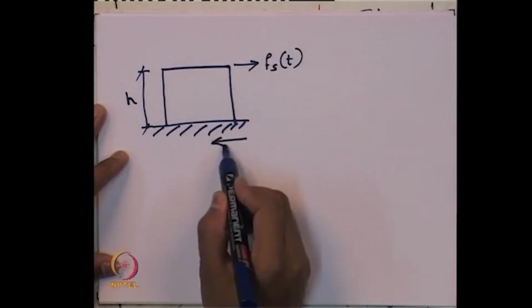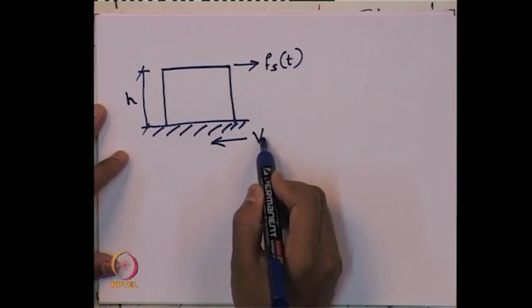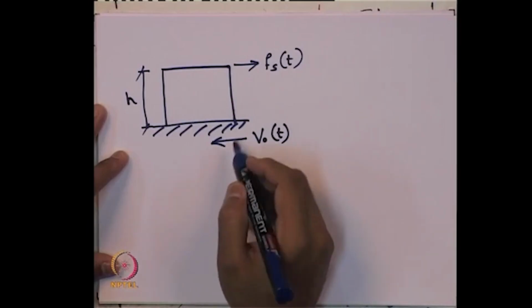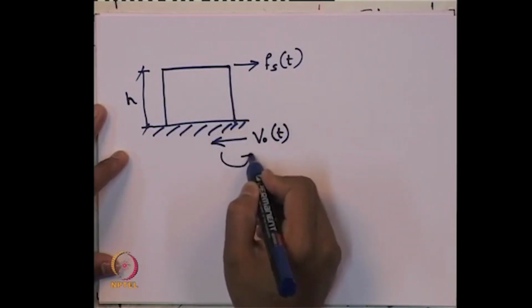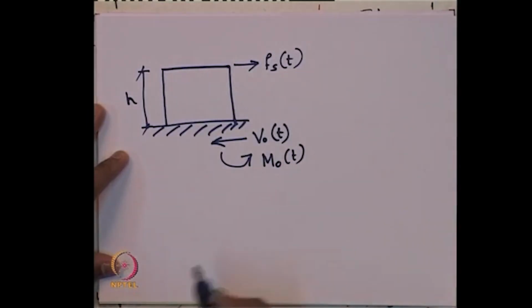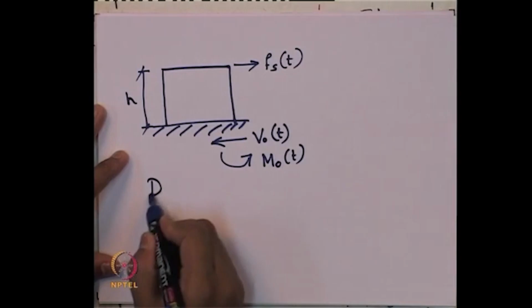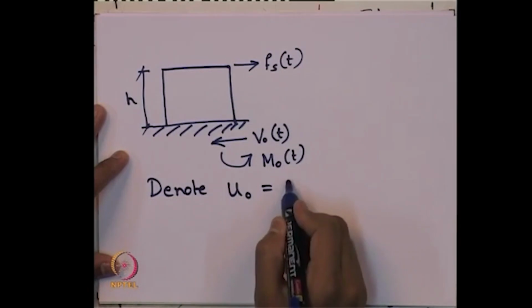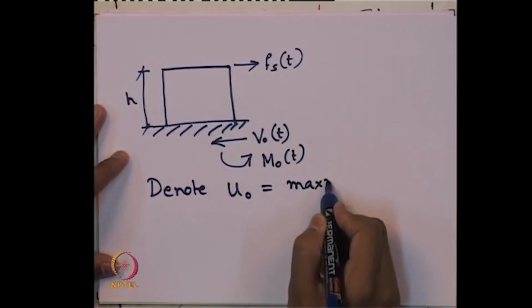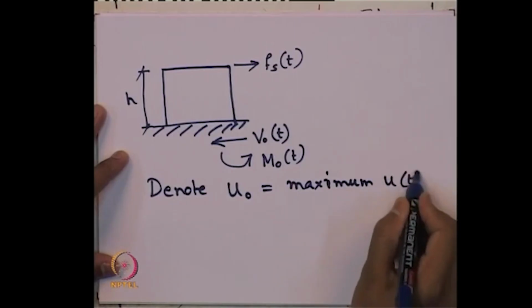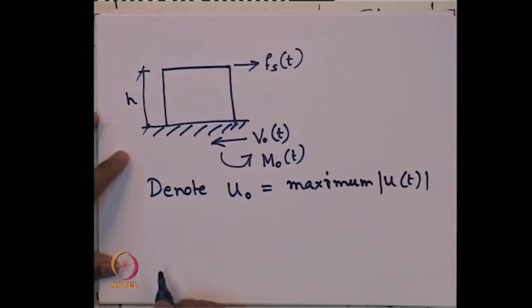I have a base shear V naught t, let us say, and a resisting moment M naught t for this structure, and let us denote u naught as the maximum value of u of t.